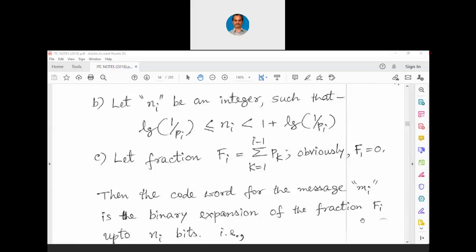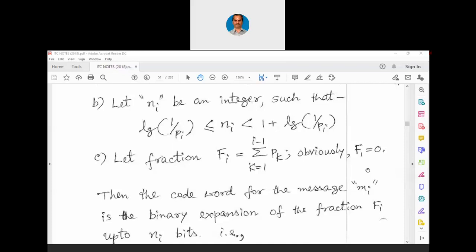You will have to revise your Boolean algebra. You will have to revise your digital knowledge now, because you have already studied how to convert decimal to binary, binary to decimal, all those things. Now you will have to revise how to convert binary fraction into decimal or decimal fraction into binary.